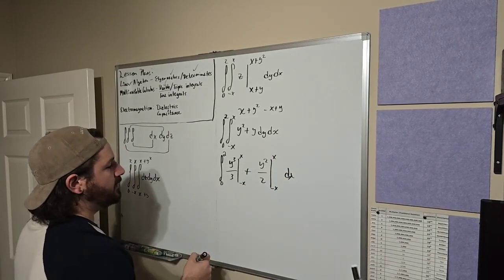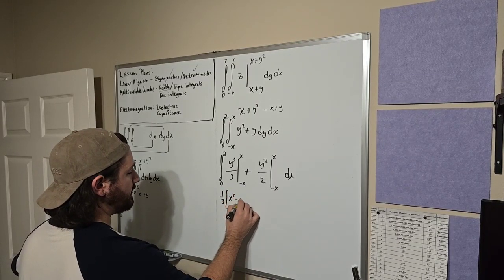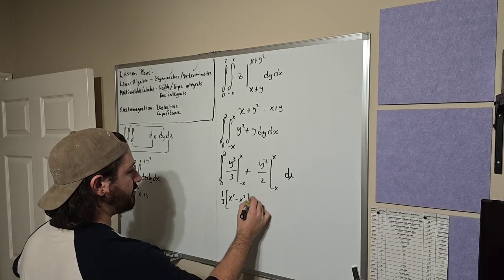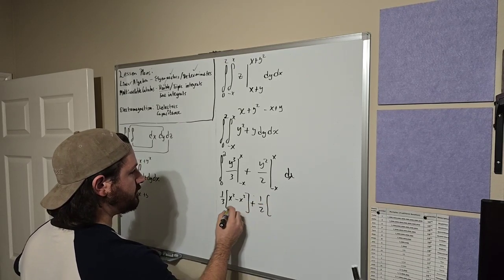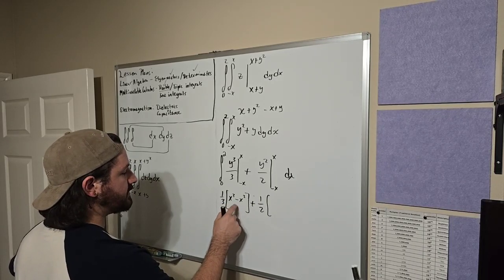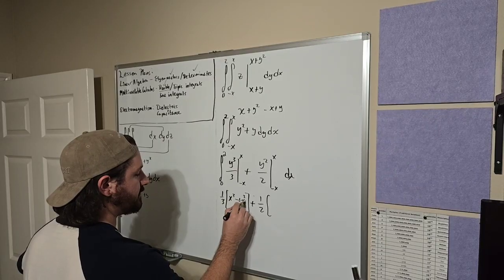Okay? So we're going to have 1/3 times x cubed minus x cubed, and then we have plus 1/2 times, this is minus negative x cubed, which does matter, sorry.